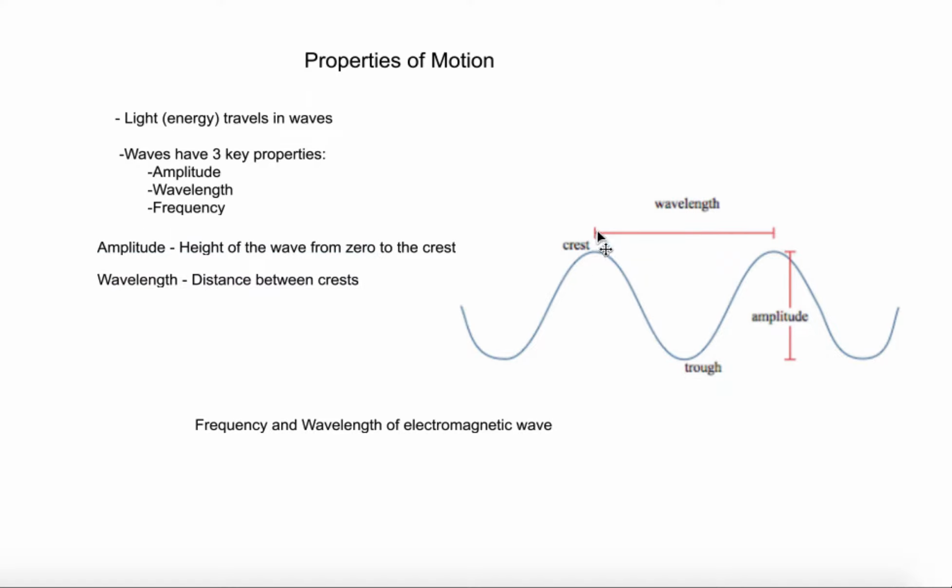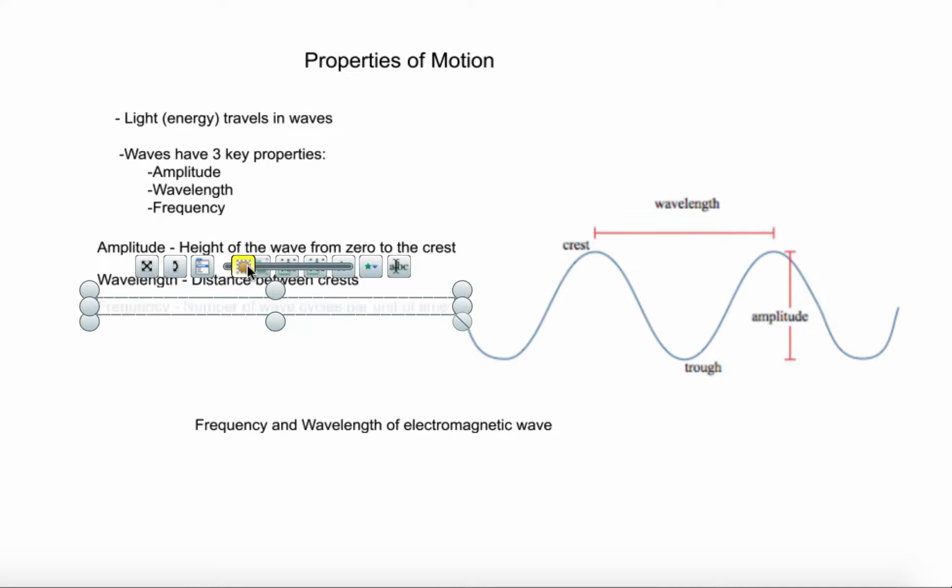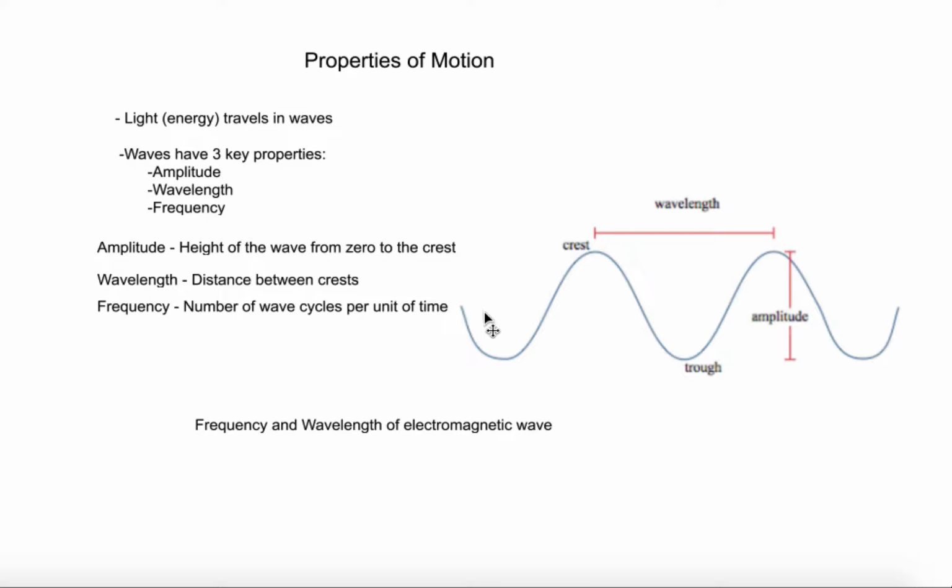The wavelength is the distance between the crests. So the wavelength is the distance between the two peaks here. The crest is just the peak. Think of it as the maximum on a parabola. Lastly, the frequency is the number of wave cycles per unit time. What that means is the frequency is how many times one cycle of a wave repeats itself over a period of time.